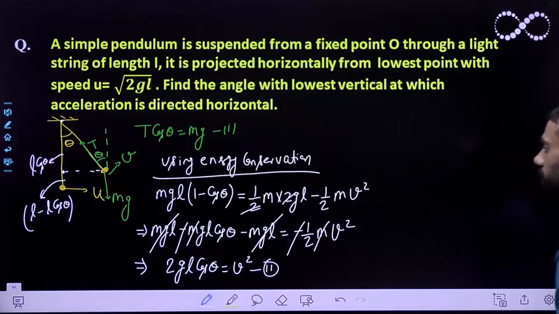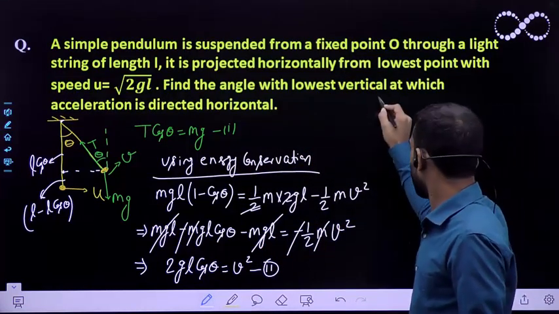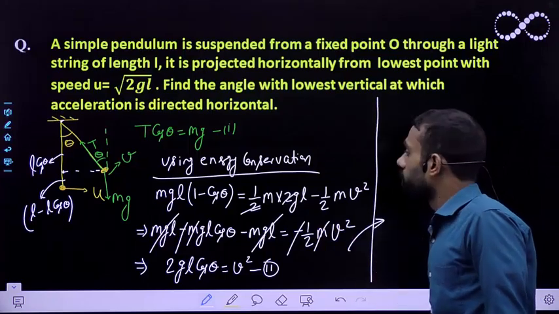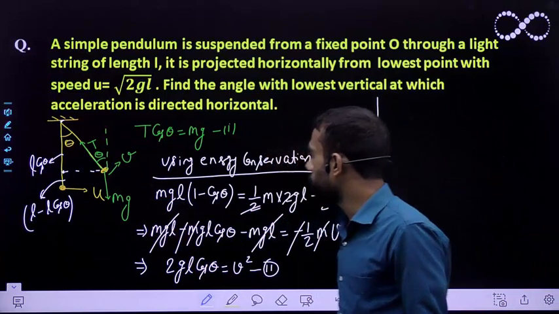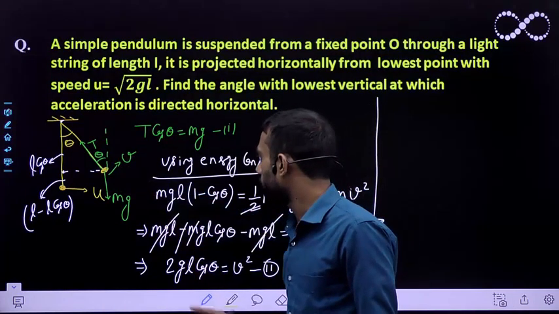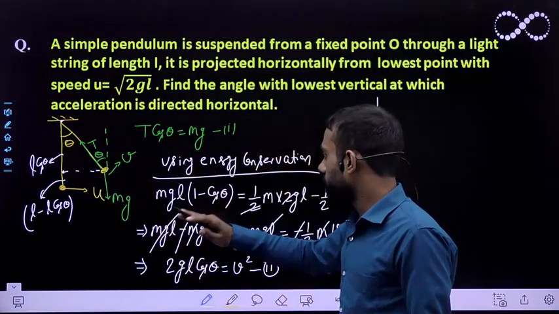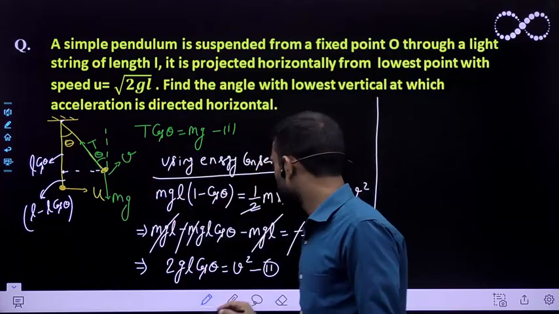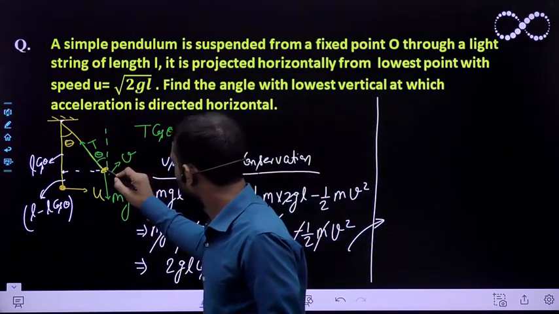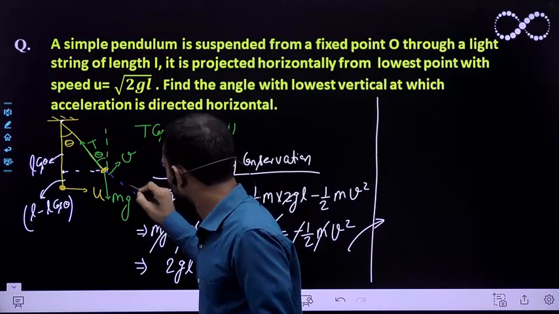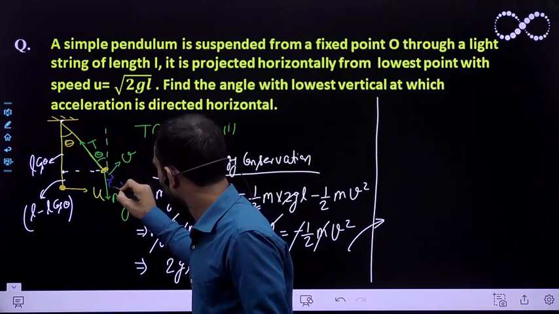Now I can make another equation using the circular motion concept. Right at this point, how many forces are acting? T is acting, and along the radius one component of mg will also act. This angle is theta, so this angle will also be theta.